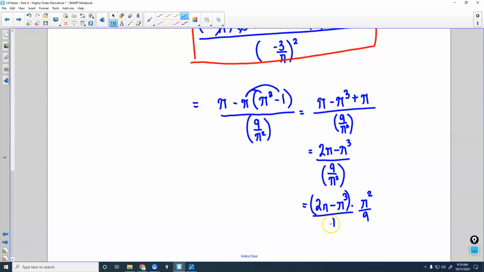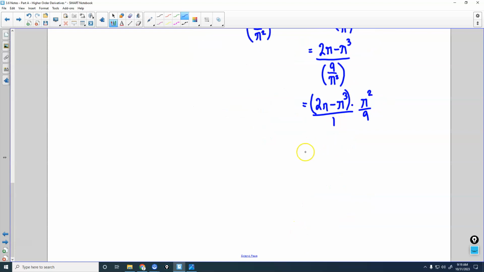And that's over 1. So they are probably either going to distribute that and get 2 pi cubed minus pi to the 5th over 9, or they might factor out an extra pi here, do pi cubed times 2 minus pi squared over 9.